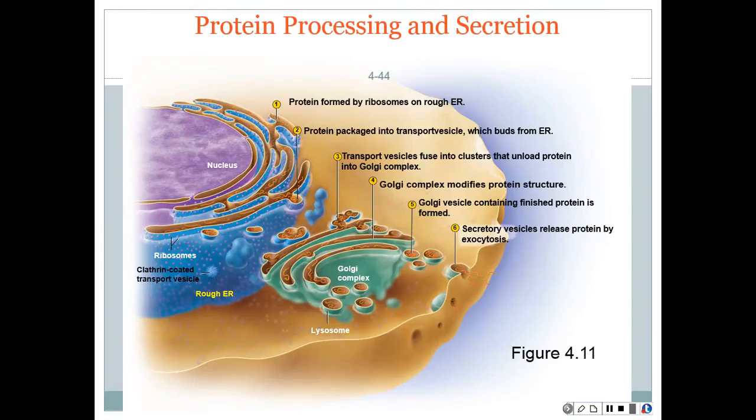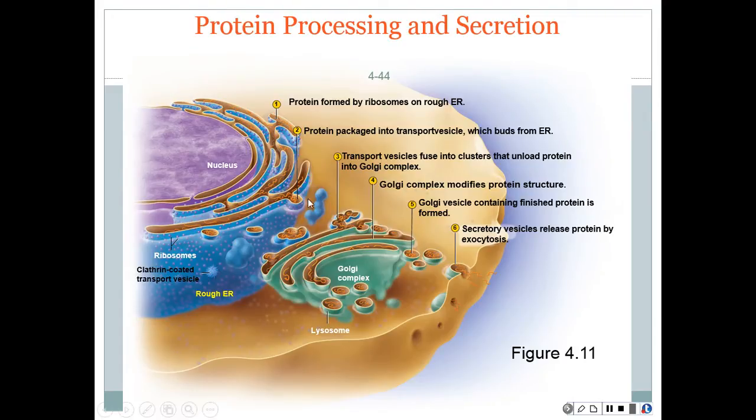Those proteins assembled on the ER surface move into the ER cisterna, where they are modified by enzymes. This is called post-translation modification. So the ER is going to pinch off.